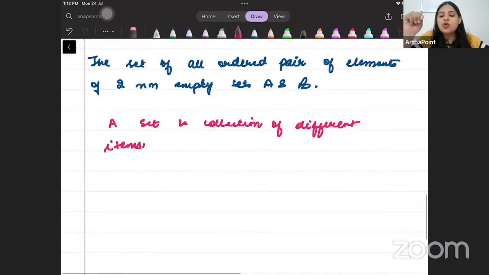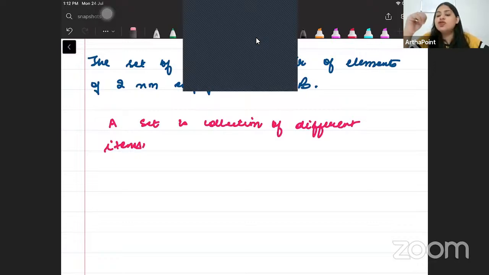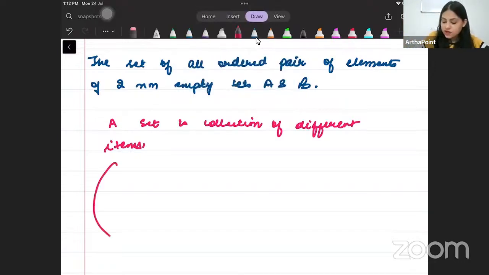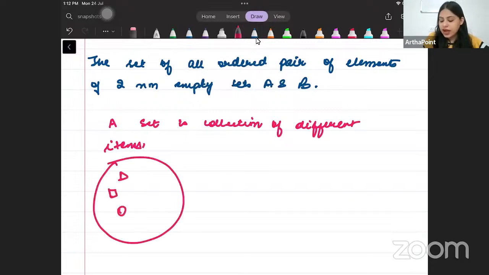It can be a collection of symbols. It can be a collection of lines. It can be a collection of shapes. ठीक है, collection of shape में मैंने triangle, square, circle, rectangle, hexagon सब include कर दिए, pentagon, collection of shapes. So a set can be a collection of anything.